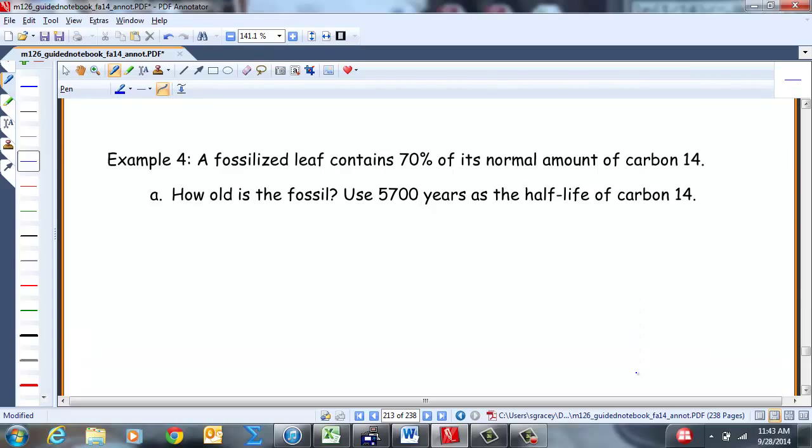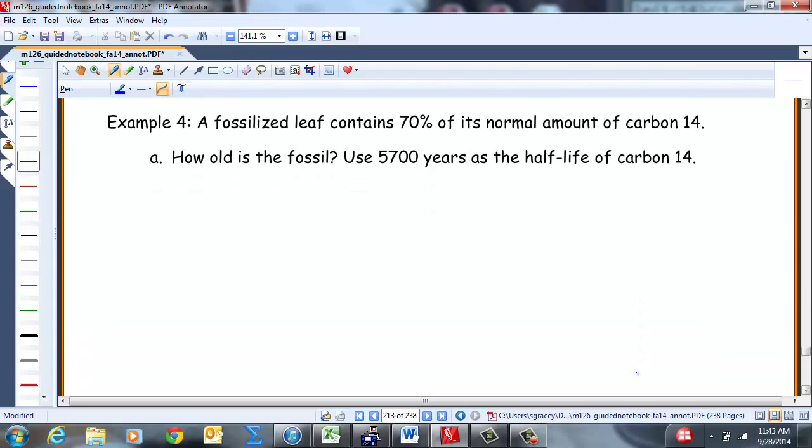Okay, so here we go. A fossilized leaf contains 70% of its normal amount of carbon-14. So we want to find out how old the fossil is, and we've been given a half-life of carbon-14, and that half-life is 5,700 years.